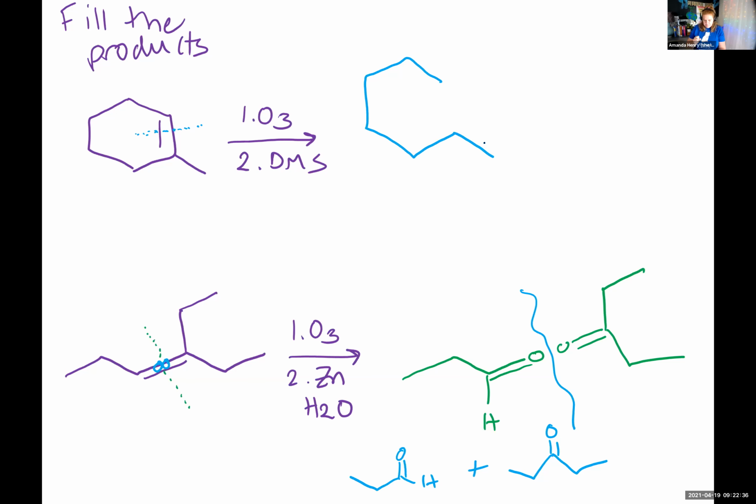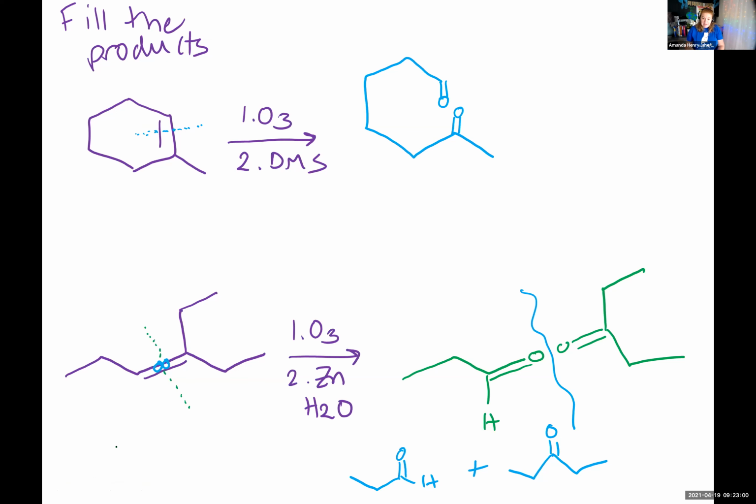There's my carbon chain. All that I'm missing is that double bond that was right there. So we know that the double bond between the carbons is gone, but what we now have is a double bond to an oxygen for each of those carbons. So I left it in its ring shape to draw it that way, but I'm going to show you one other way to do this.